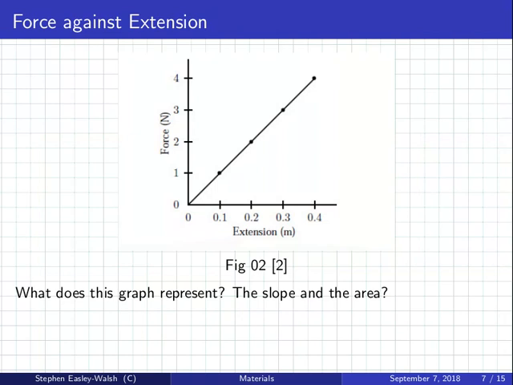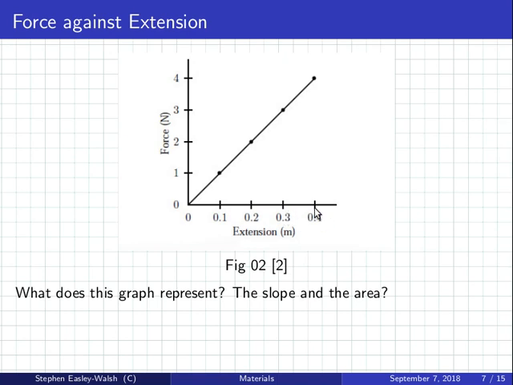So here the extension is 0, here the extension is 0.4. So this area here represents how much work was done to take it from 0 extension to 0.4 extension. You understand? If you calculate part of the area, like from 0.3 to 0.4, then that represents the work done to extend it from 0.3 to 0.4.